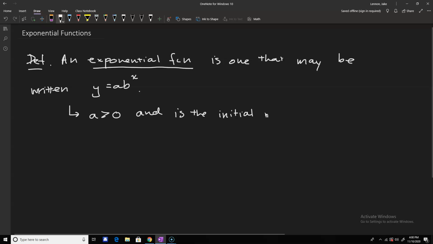So you'll note that if you plug in 0 for x, then b to the 0 power is 1, and you'll just end up with a. That's why it's the 0 amount. So we can specify that a little more clearly. That is 0 comma a is the y-intercept.